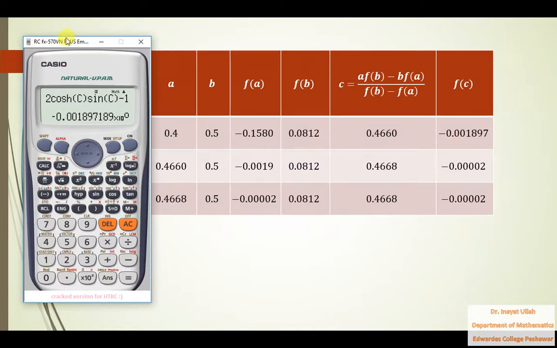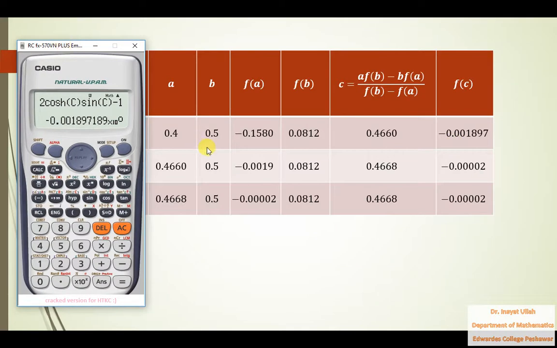Now again we need to replace a by c. So replacing this a by c, c is 0.4660, and b is the same, 0.5. Whenever you press equal to, it will ask you about the value of a. In our case a is 0.4660, equals to, asking about b is 0.5, equals to.